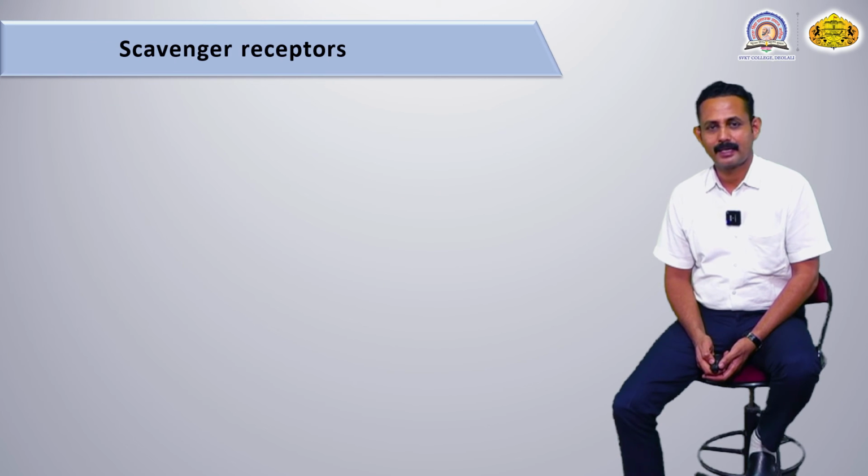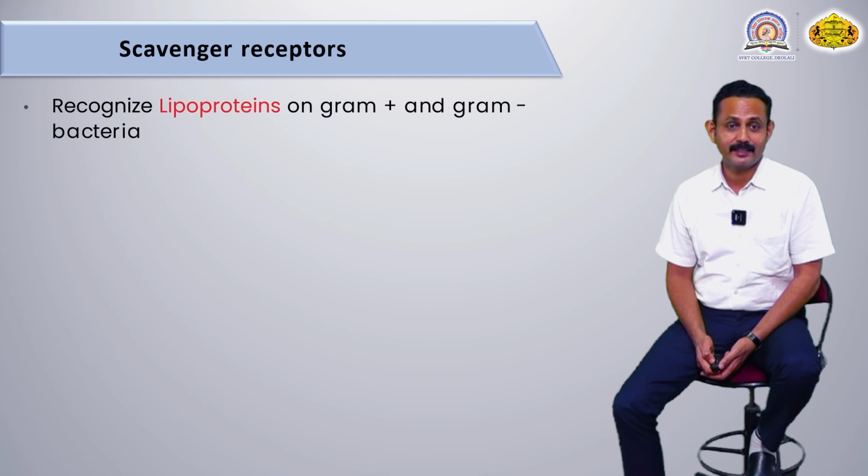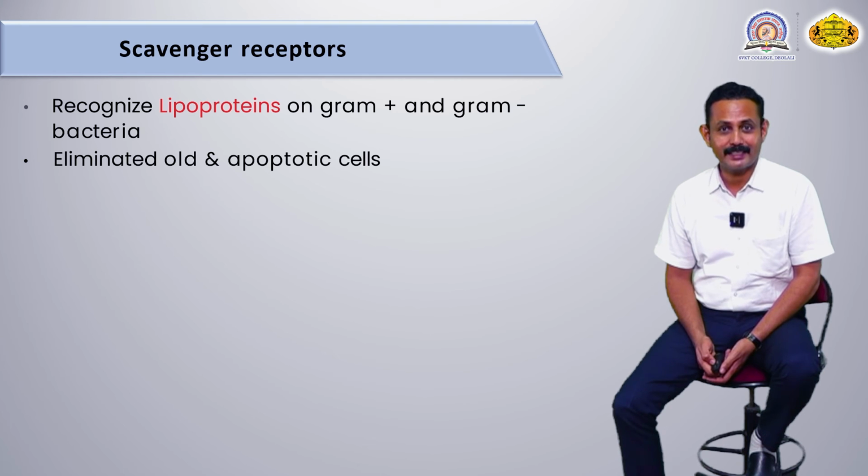Now let us see another kind of PRRs, the scavenger receptors. They recognize the lipoproteins on gram-positive as well as gram-negative bacteria. The role of this scavenger receptor is to eliminate old as well as apoptotic cells, the cells which are wrongly formed, or which are cancerous in nature, or virally or parasitically infected cells.